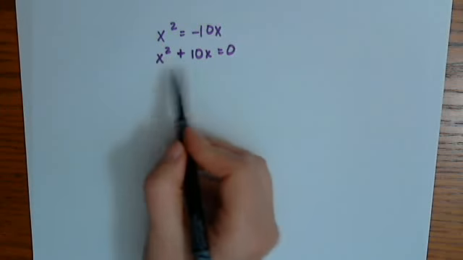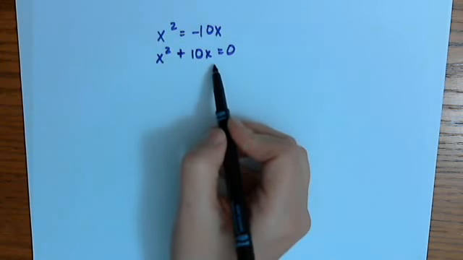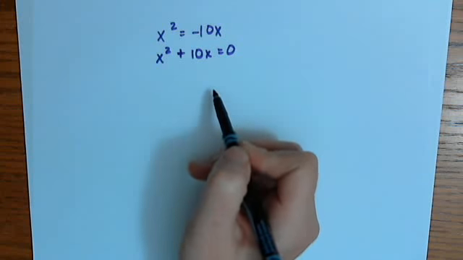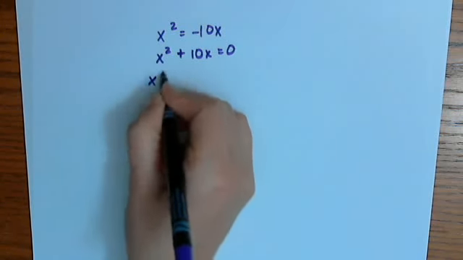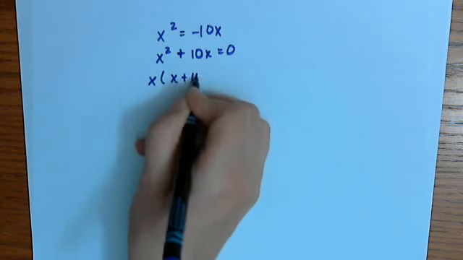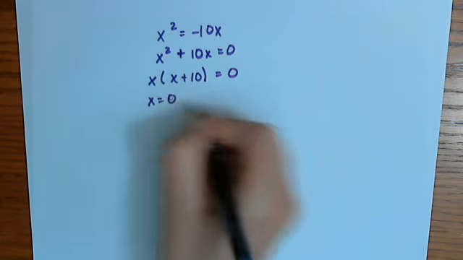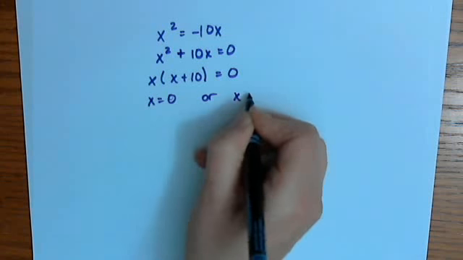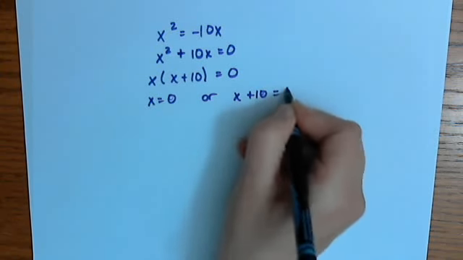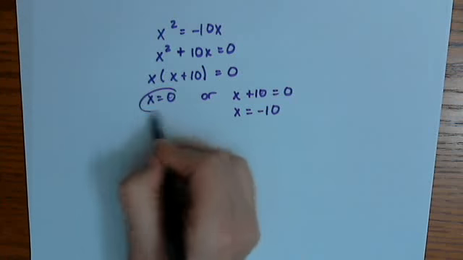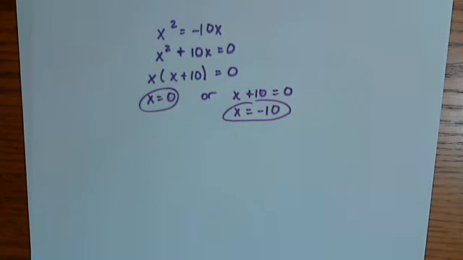The zero product property only works if it is equal to 0. So now I'm going to factor out x, have x times x plus 10 equals 0, x equals 0, or x plus 10 equals 0, and x equals negative 10. So two answers, and there we go.